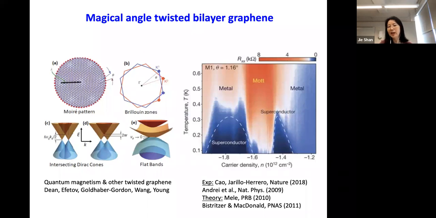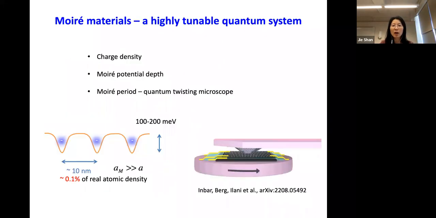And later on, we also find interesting magnetic, superconducting, and many other interesting properties from twisted bilayer graphene and related graphene systems.